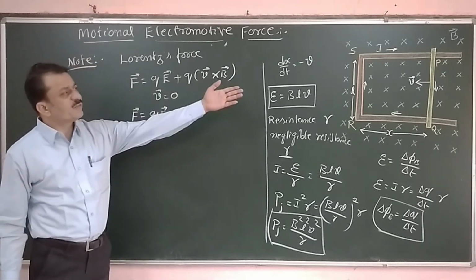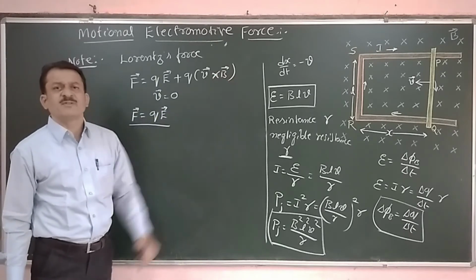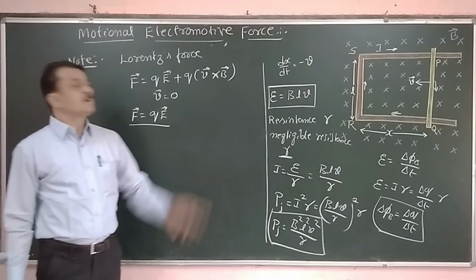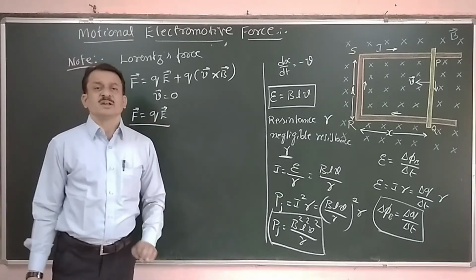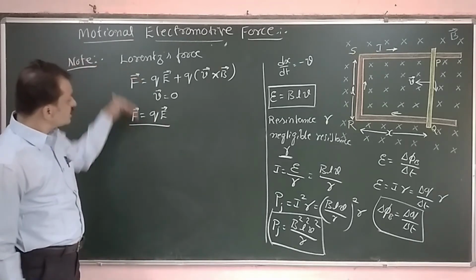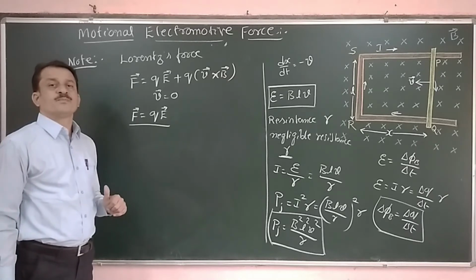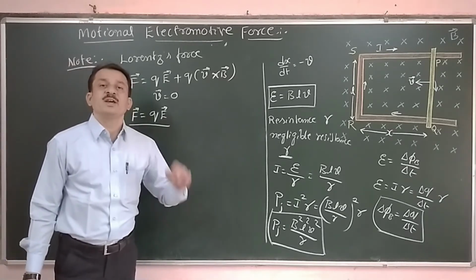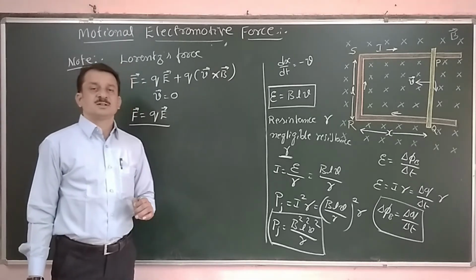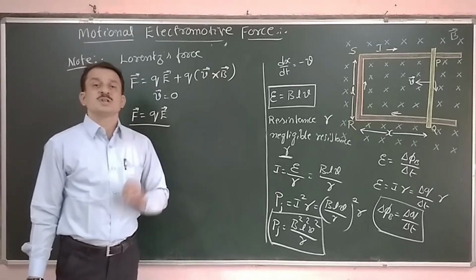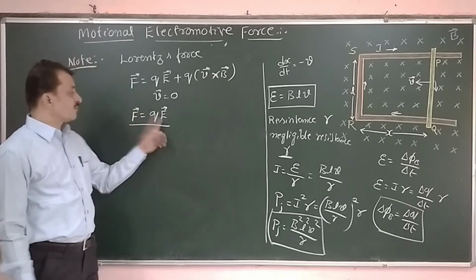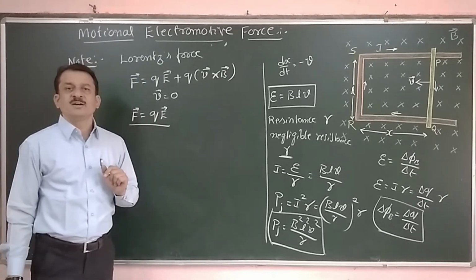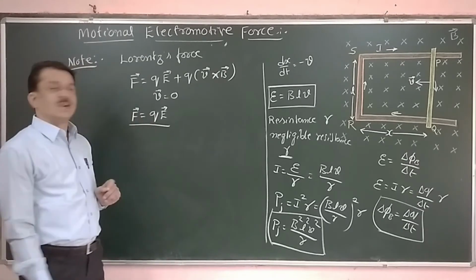Now, how do you get the electric field? Here we are not at all using any electric field. We are having only a magnetic field. That magnetic field is timely varying. So, based on this concept, Faraday assumes that a timely varying magnetic field produces an electric field.